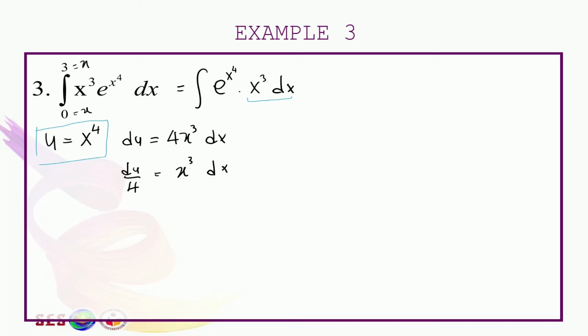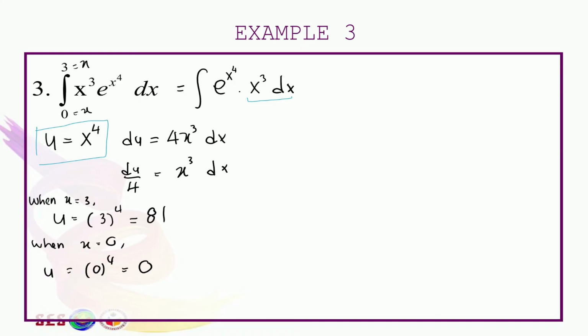Therefore, our new limit is, so we know that u is equal to x to the power of 4. So we have 3 to the power of 4, which is equal to 81. This is when x is equal to 3, and when x is equal to 0, u is equal to 0 to the power of 4, or 0.